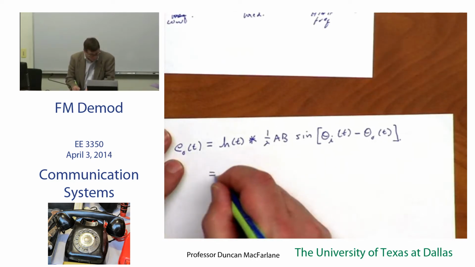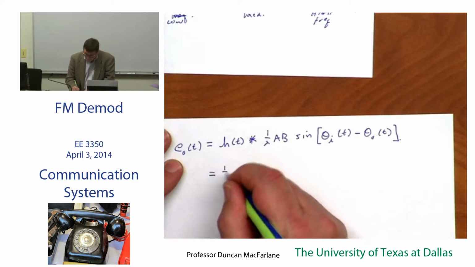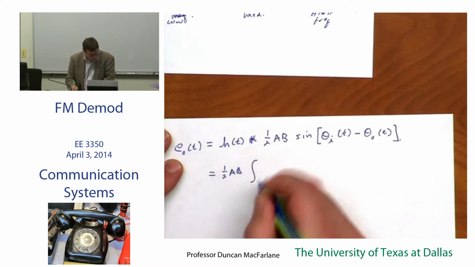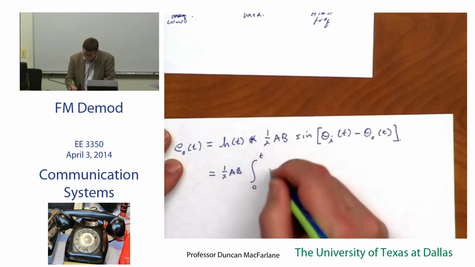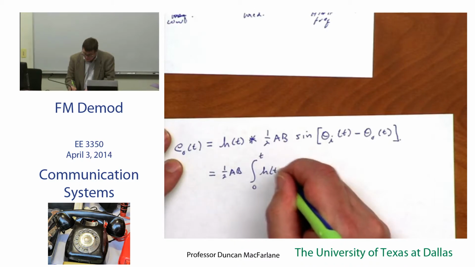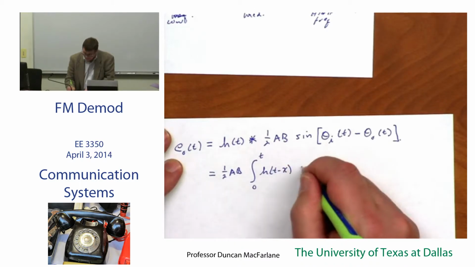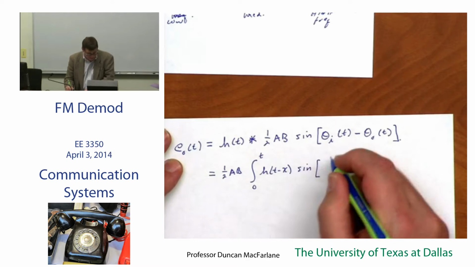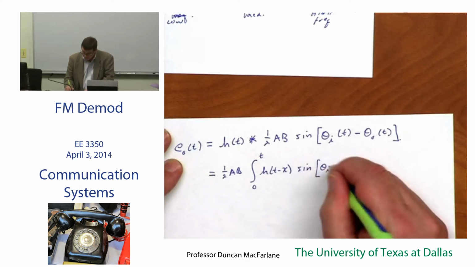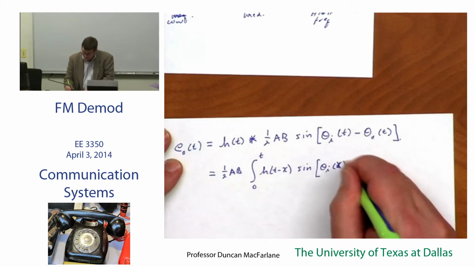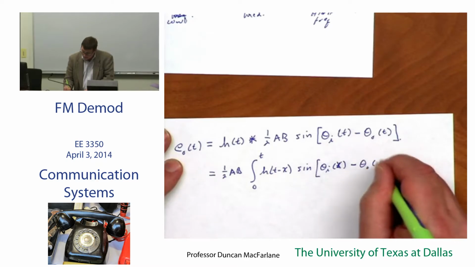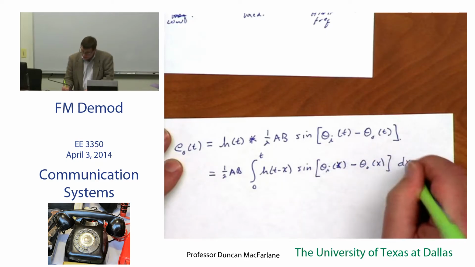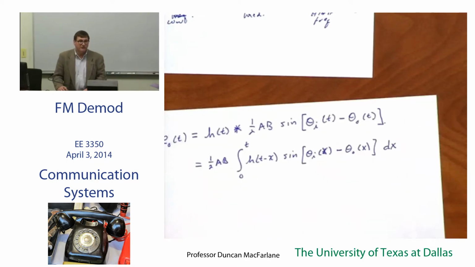Or in terms of a convolution integral, my dummy variable is x instead of tau.